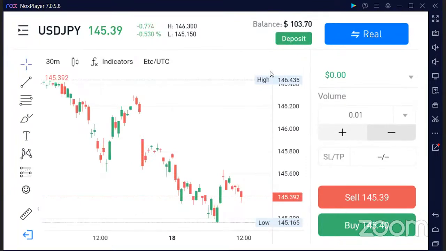Okay. So we have the 30-minute time frame here right now. Let's switch to the 1 hour and see what's going on in the market.